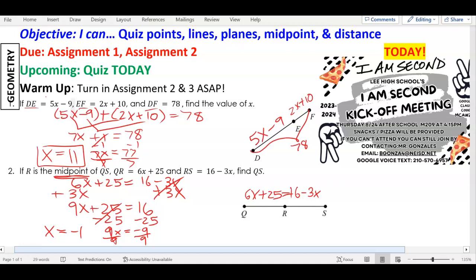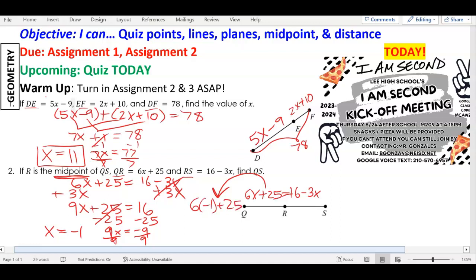Now notice, QR and RS are the only things we know. We don't know what QS is as an expression. But what we can do is plug it into something we do know, QR. So let's take this QR and plug in x is -1. So I'm going to write 6, and instead of x, -1, plus 25.